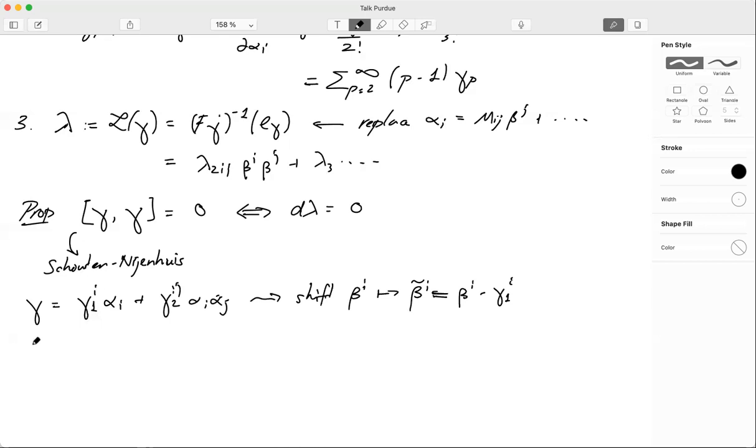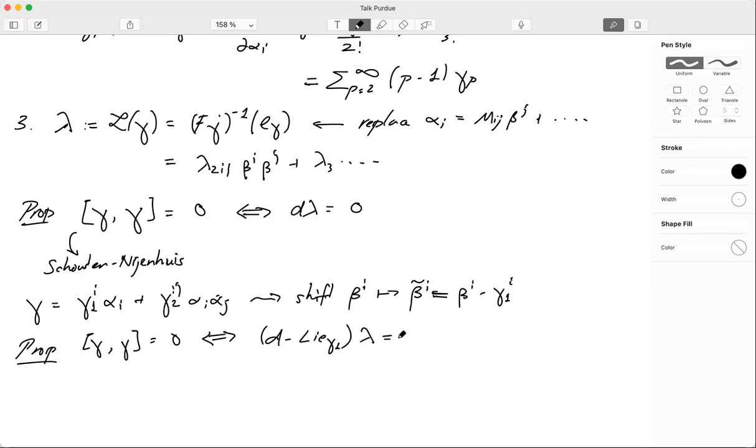And then there's a corollary of the proposition above. Maybe it's another proposition, that this new gamma satisfies the integrability condition if and only if lambda is not closed, but it vanishes under this shifted differential, right?